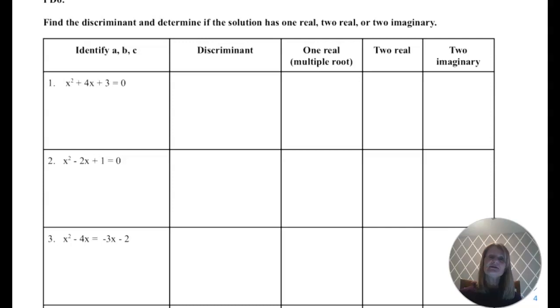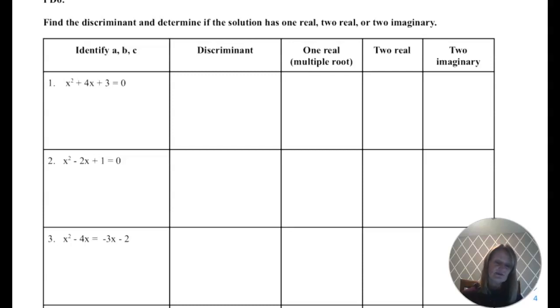The first thing you always need to do, when you're doing the discriminant or solving with the quadratic formula, is have all of your a, b, and c moved to one side. We've got to have them set equal to 0, set equal to y, or set equal to f of x, doesn't matter, but they must all be on the same side. And that's the case for the first one here.